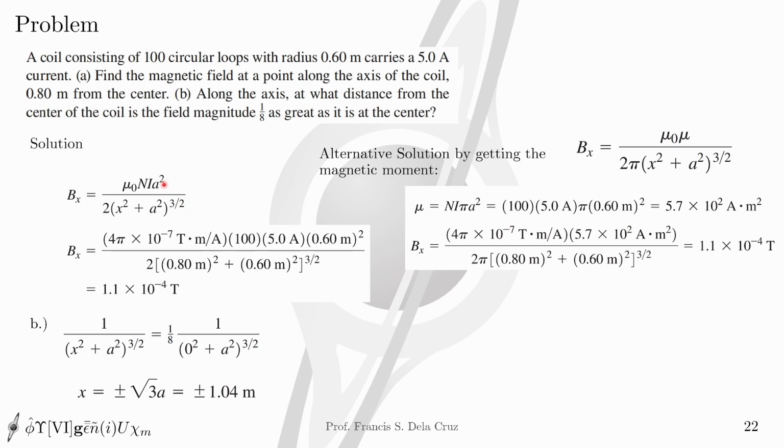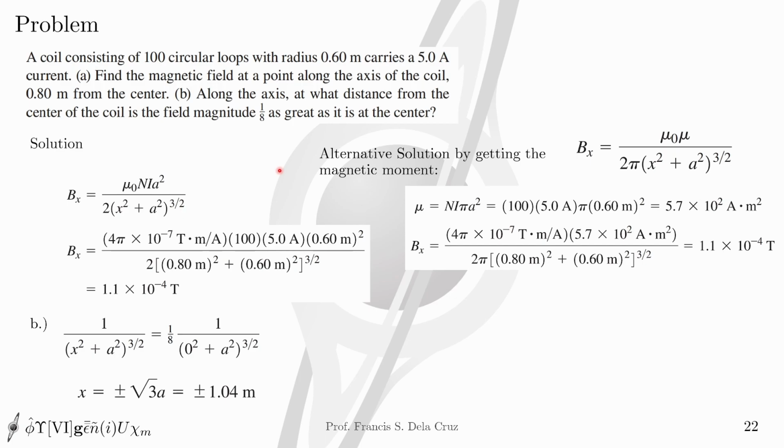If you substitute all of these values, you will get 1.1 times 10 raised to negative 4 Tesla of magnetic field. That is the magnetic field at the point 0.80 meters from the center of that coil. And then for letter B, along the axis, at what distance from the center of the coil is the field magnitude 1/8?